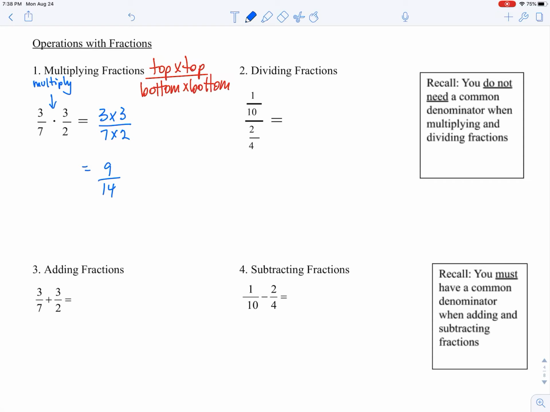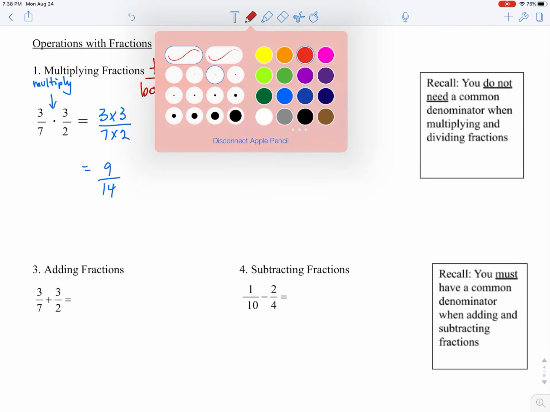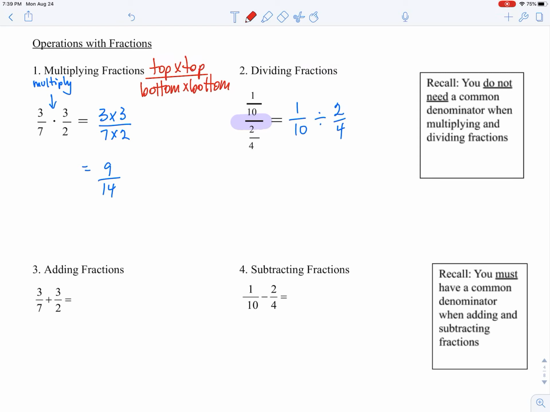I think it's pretty straightforward. Dividing fractions, I find the way this question is written really yucky, to be honest. But it's only because this line here means dividing. So I could rewrite this as 1 over 10 divided by 2 over 4. And the reminder for dividing is you flip the second and you multiply. So flip the second fraction and multiply.